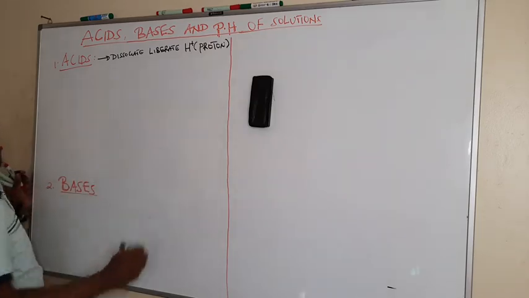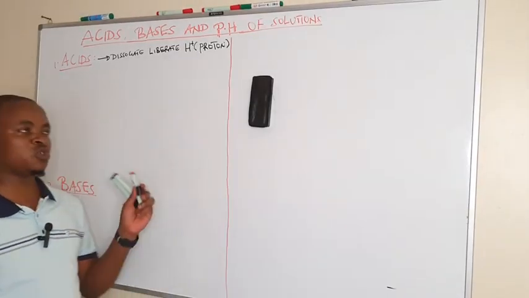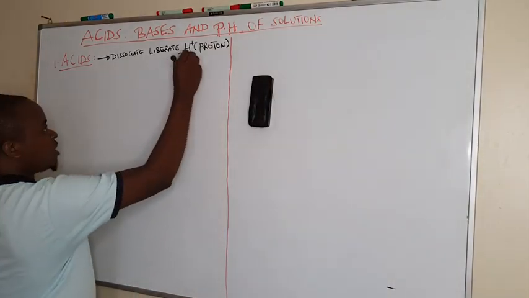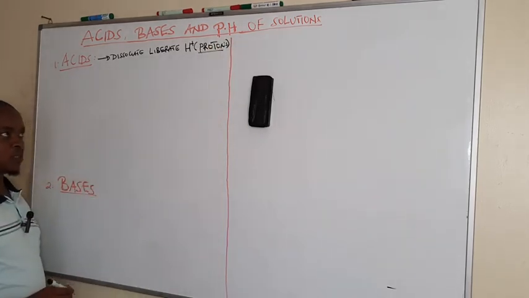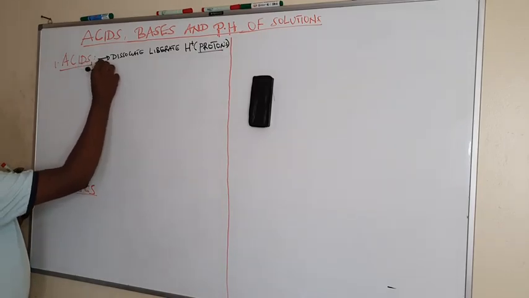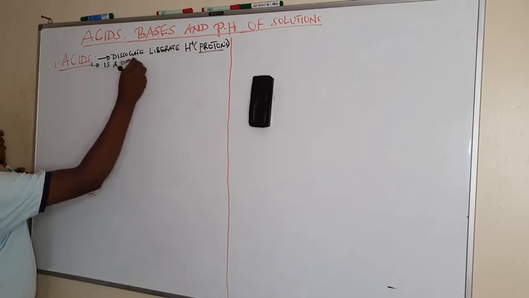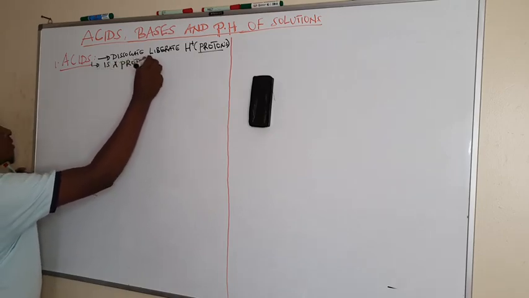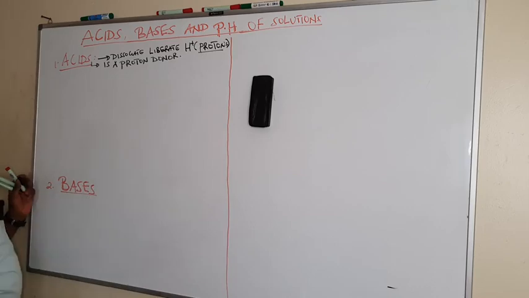So any solution that dissociates to liberate hydrogen ions, or what we call protons, is what we call an acid. And in summary, we normally say an acid is a proton donor. That is what we call an acid.